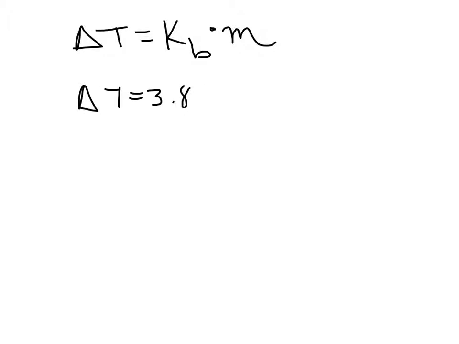So remember that the change in temperature is going to be the Kb times the molality. So our delta T is going to be 3.85, which is the Kb of chloroform, times that molality that we just got, 0.57214 and so on, and I'm keeping that whole number in my calculator.